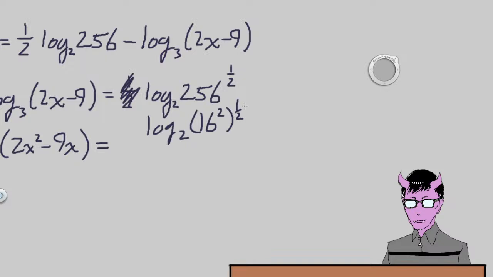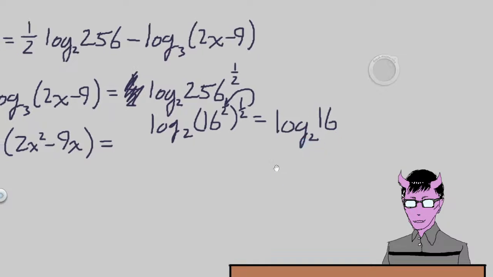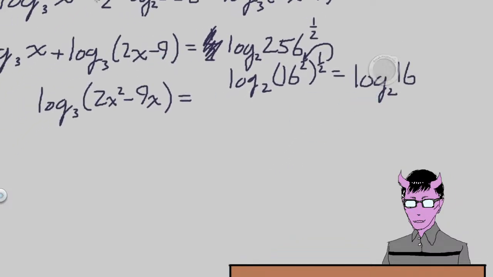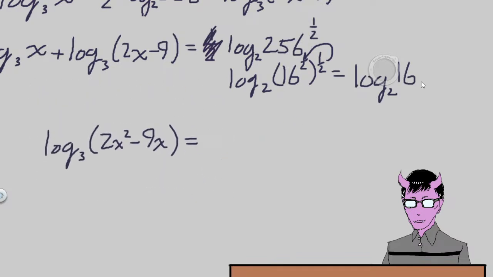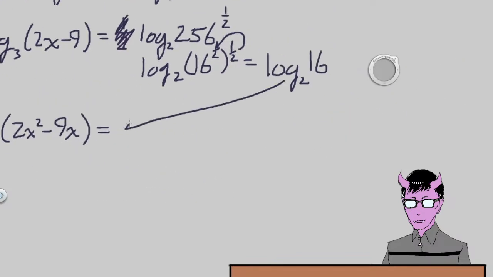So that is what it becomes, and we could distribute this exponent to the inside, thereby getting log base 2 of 16 to the power of 1, which is part of the cleanup. So let's take this one, move it down. That one is right there.